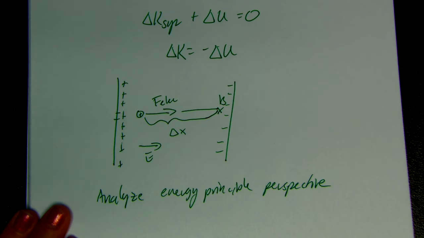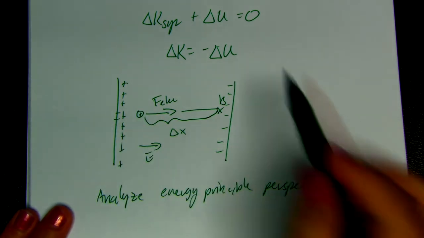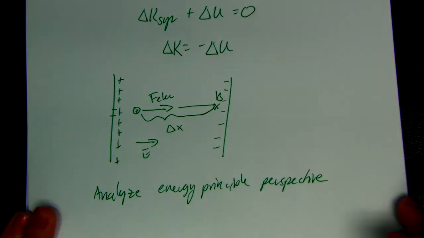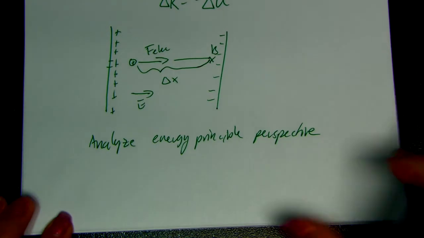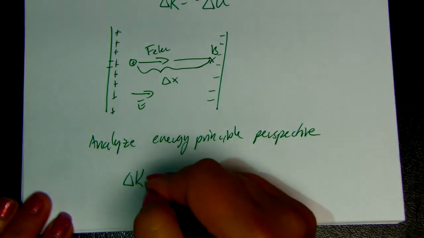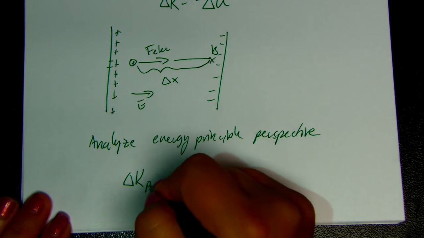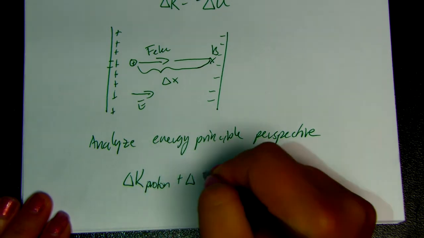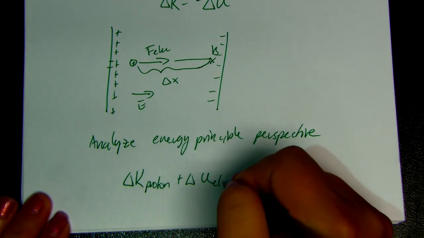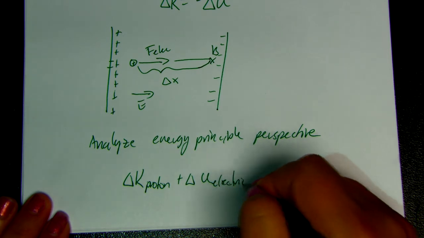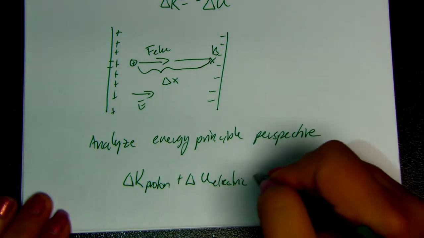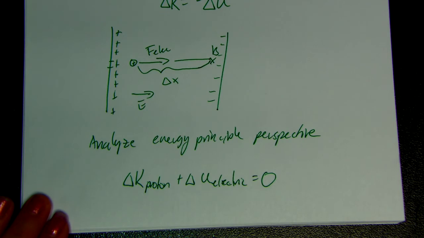All right, so the proton's in there and the electric force is doing work on it, which means that it's going to change the kinetic energy. And we know that the change of kinetic energy of this proton plus the change of potential energy of the electric force, so this is the electric potential, so this is the potential for movement, is going to add up to 0.